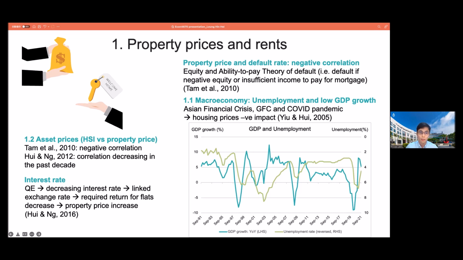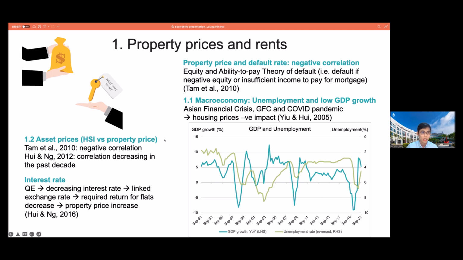About asset prices, some scholars have found a negative correlation between stock prices like the Hang Seng Index and the property price, but some scholars also suggest that the correlation between these two assets has been decreasing in the past decade, probably because of other factors like insufficient land supply in Hong Kong.